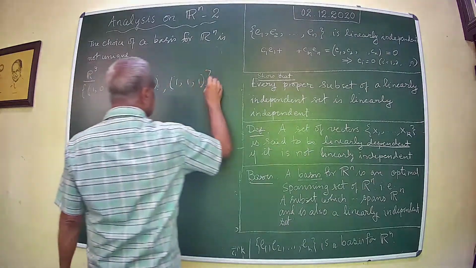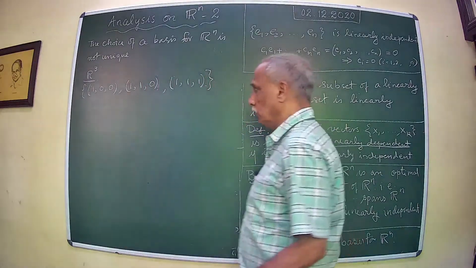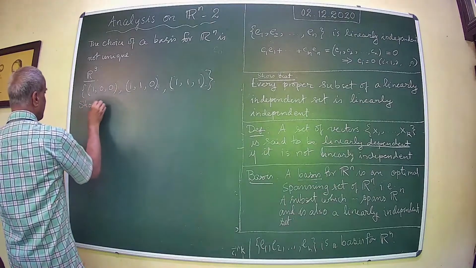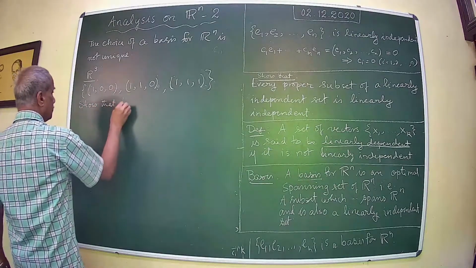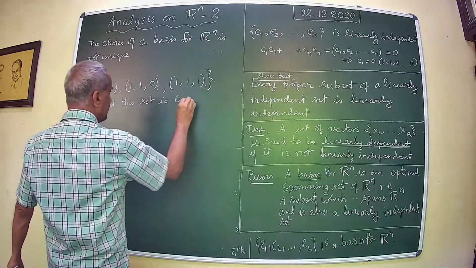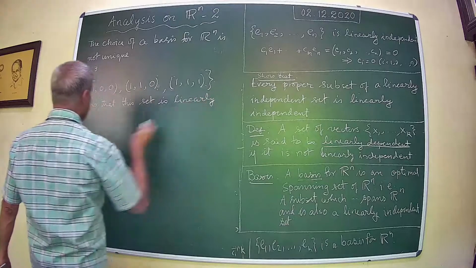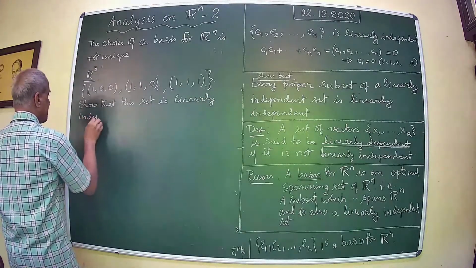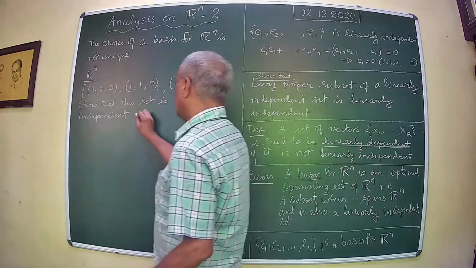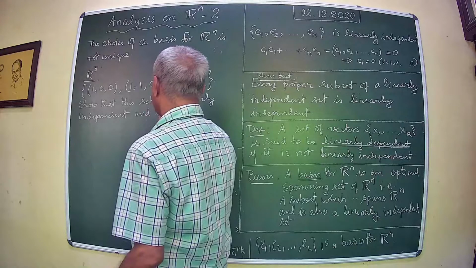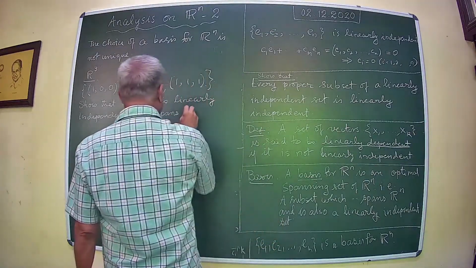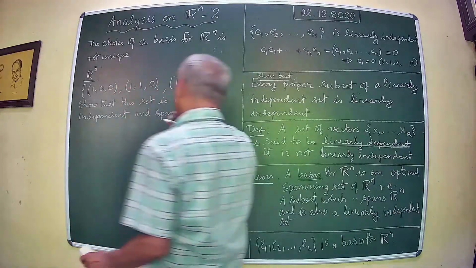What about this set? Does it span? Show that this set is linearly independent and spans R3. Does both.